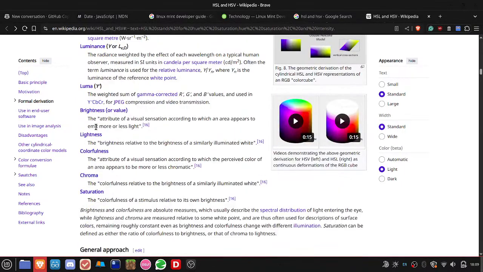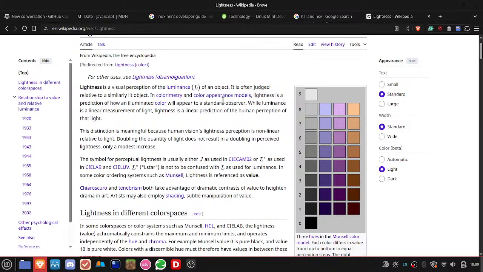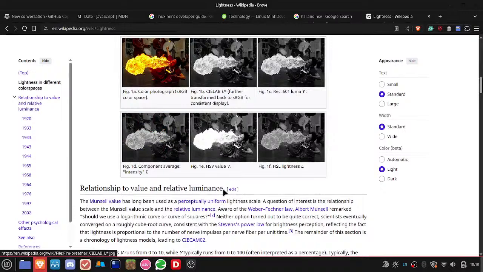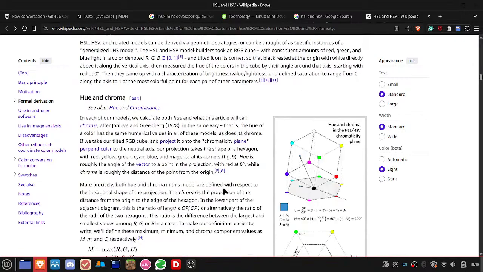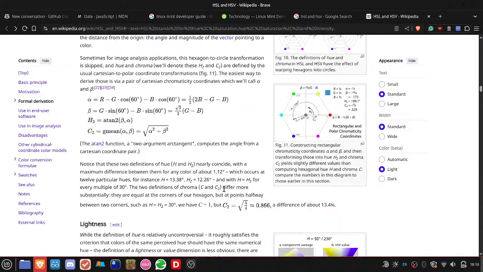Visual perception of luminance. Okay. I really don't understand. What happens? Why do we?